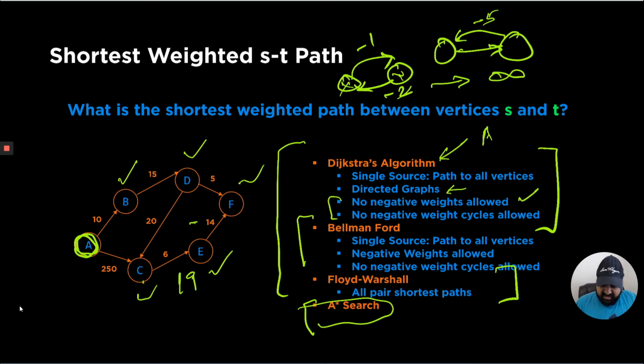To avoid that constraint, we have the Bellman-Ford algorithm, which is again single source to all the vertices, but in this case negative weights are allowed. It is kind of one level up over Dijkstra's algorithm because you are technically repeating Dijkstra's for each vertex one at a time.